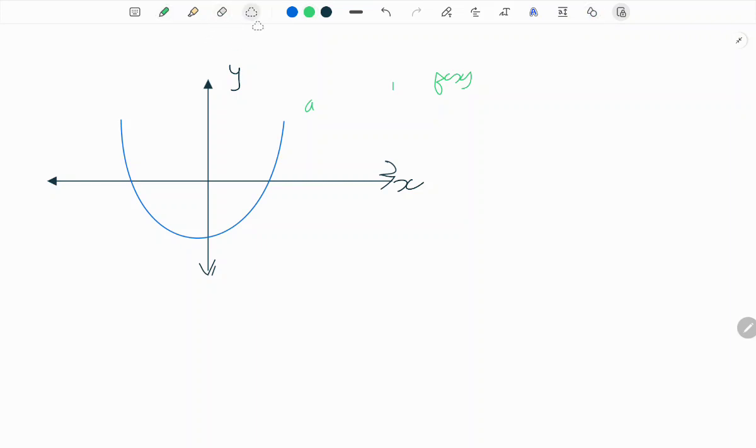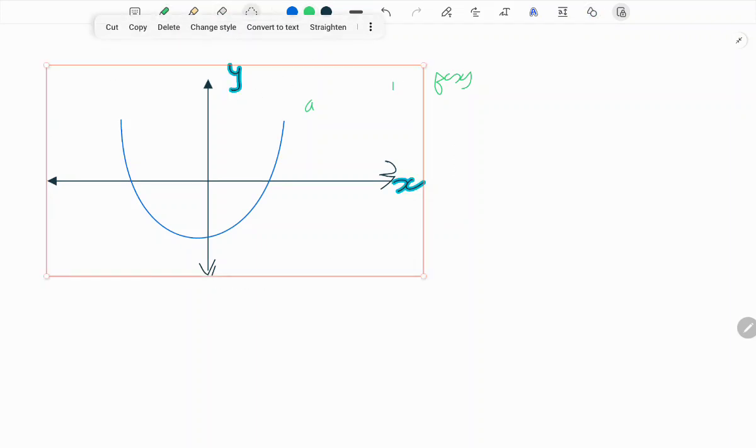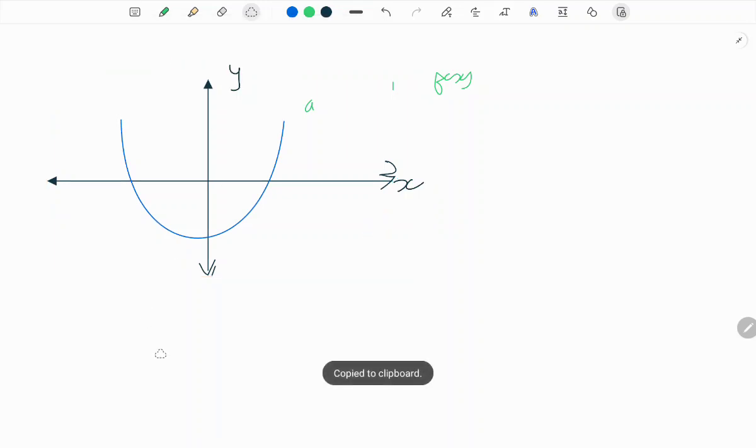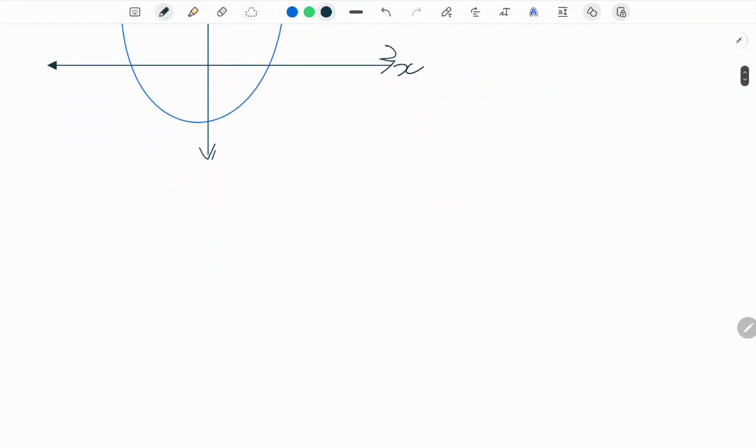So just a minute, let me copy this complete thing. Okay, it's not getting copied. Okay, so just a minute again, I have to draw this graph because it is required at a certain point.